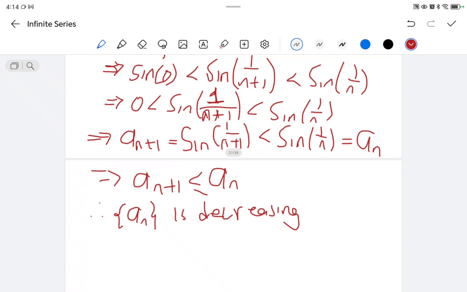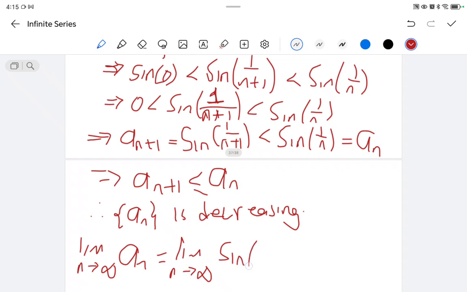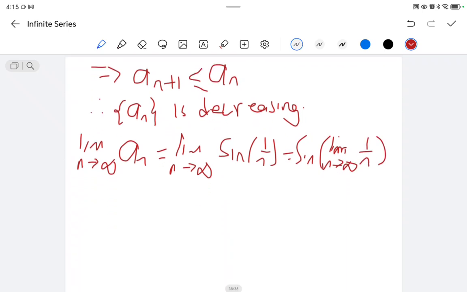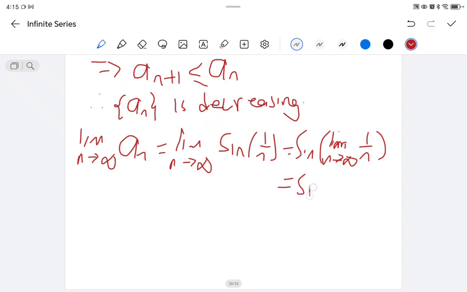Since this is decreasing, now we can check the limit of a of n, which is equal to the limit as n approaches infinity of sine of 1 over n. This is the sine of the limit as n approaches infinity of 1 over n, which is sine of 0, and sine of 0 is 0.